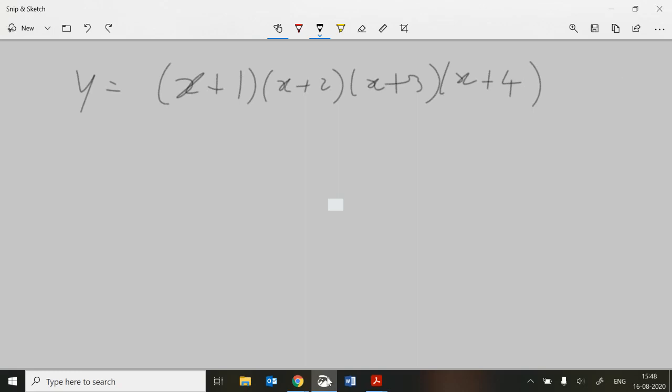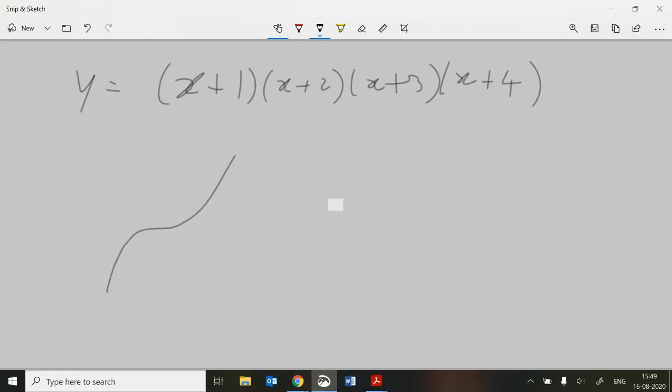Now, remember that quadratics have one turning point and that cubics have two, either this way or this way. But of course, they can also just be a point of inflection if you've just got an x cubed term there, or if you've got x cubed, say, plus x or plus 10.